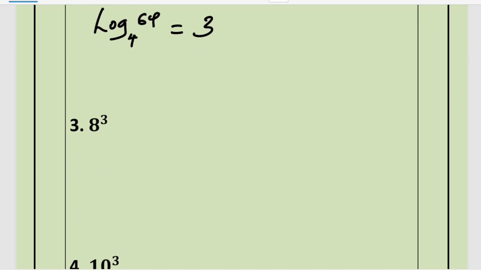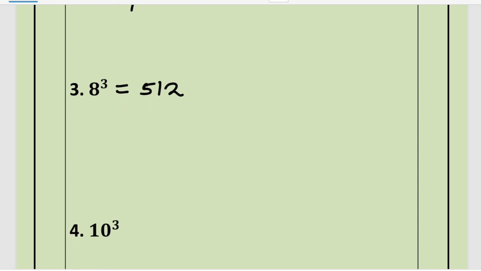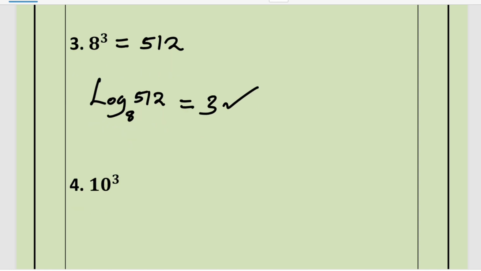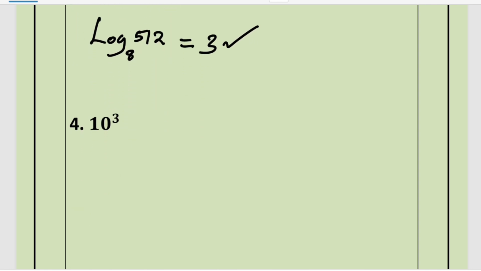What about 8 raised to power 3? 8 raised to power 3 is equal to 512. So therefore, in logarithmic notation, we shall have log to base 8 of 512 is equal to 3. That will be the correct logarithmic notation. Example 4, 10 cubed. 10 cubed is equal to 1000.